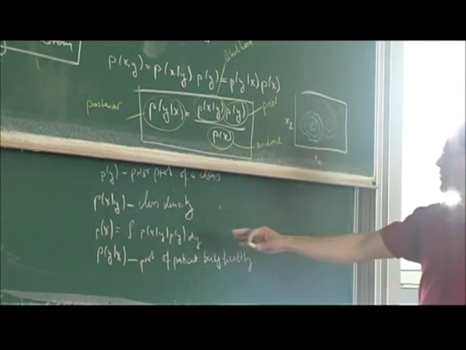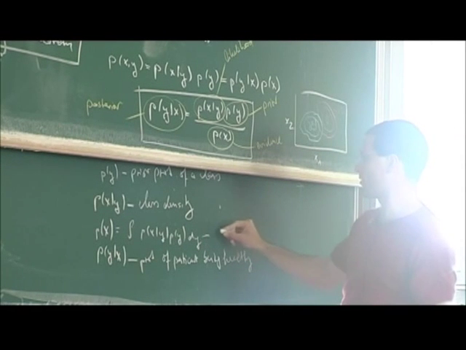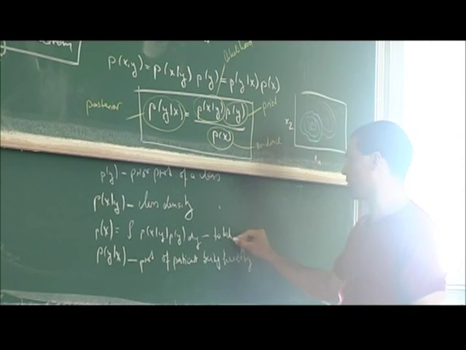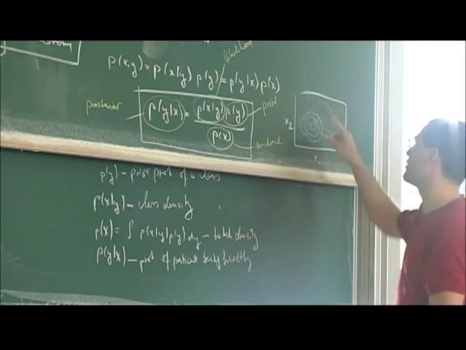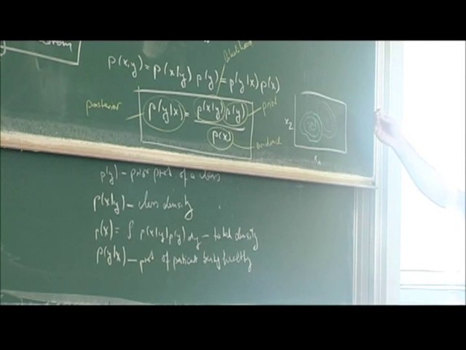To put p of x in words, this would be the total density: the probability of observing a point somewhere in feature space, irrespective of what class that point belongs to.